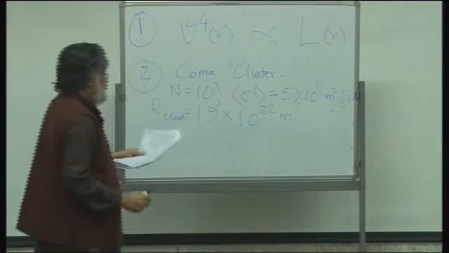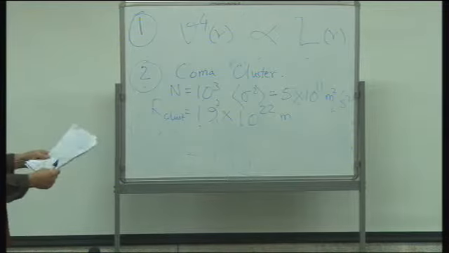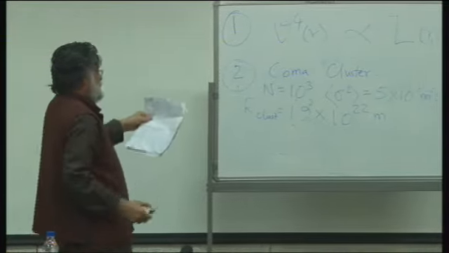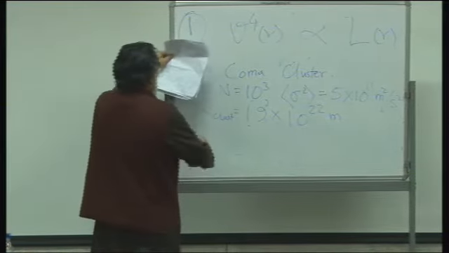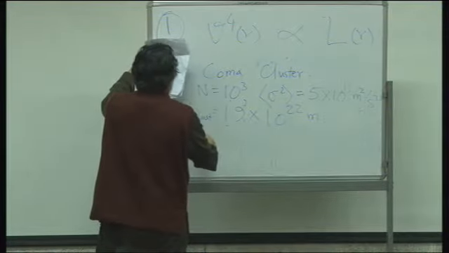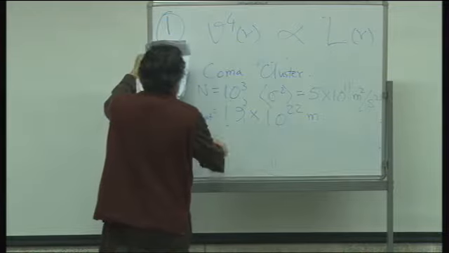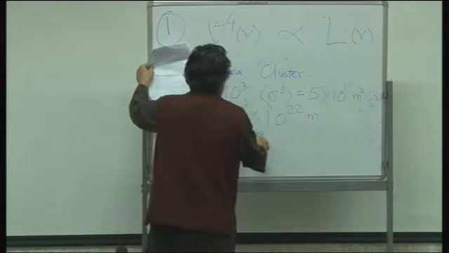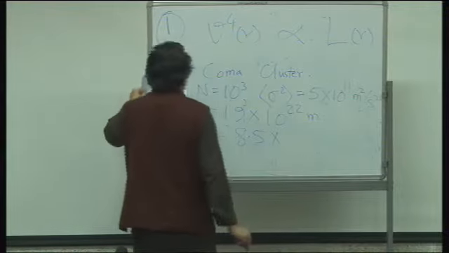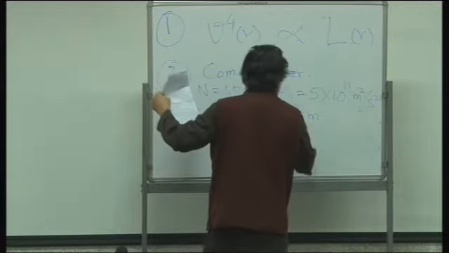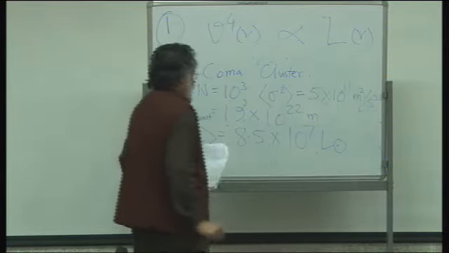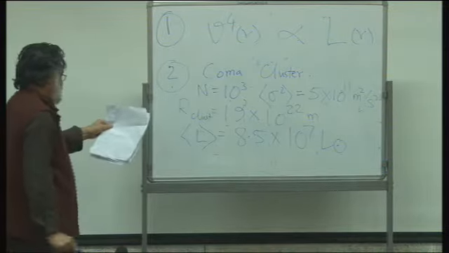Okay. And you can assume that the average luminosity of a galaxy is about 8.5 times 10 raised to power 7 times solar luminosity. I'll also give you the value of solar luminosity.